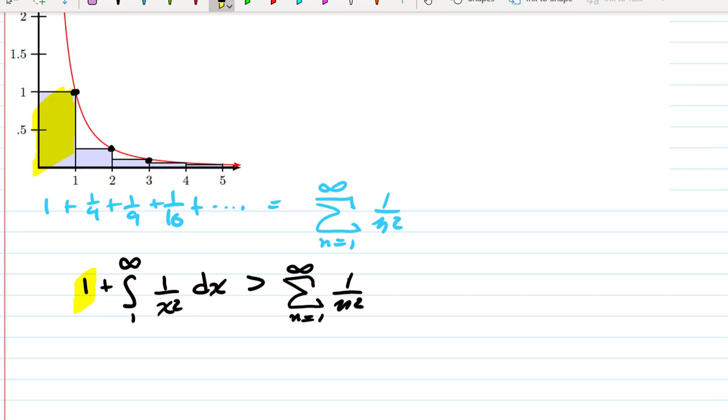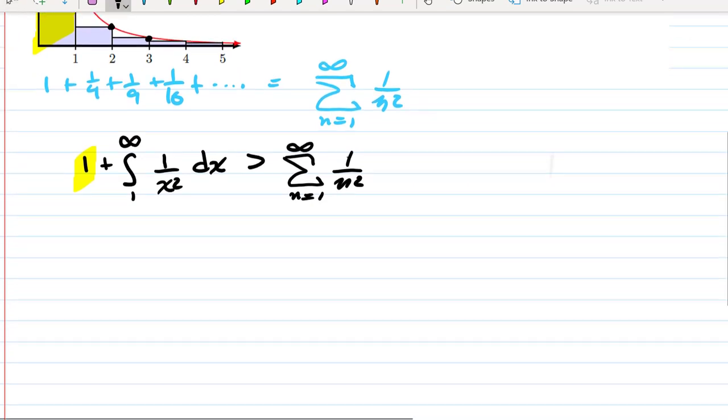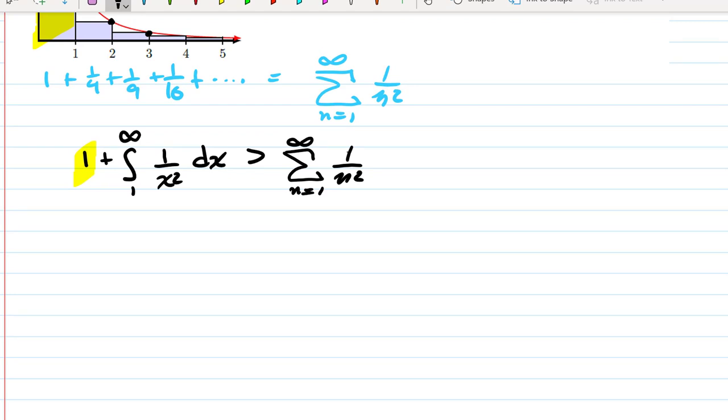So 1 plus the integral from 1 to infinity of 1 over x squared dx has to be greater than that sum. Well, then we can evaluate this integral. So 1 plus the antiderivative of 1 over x squared is going to be negative 1 over x, and we evaluate that from 1 to infinity.